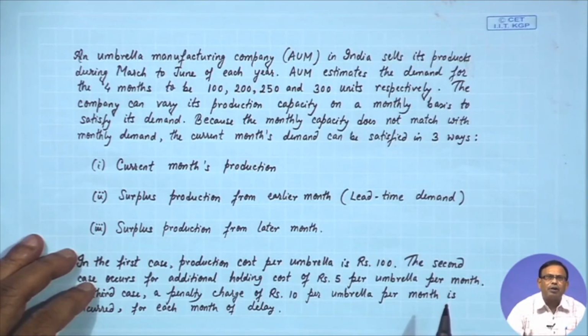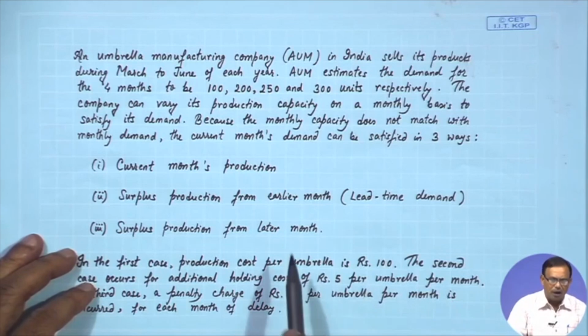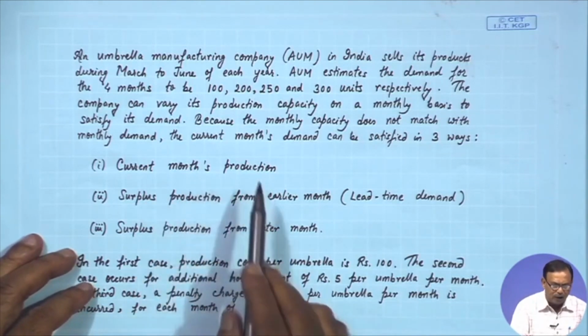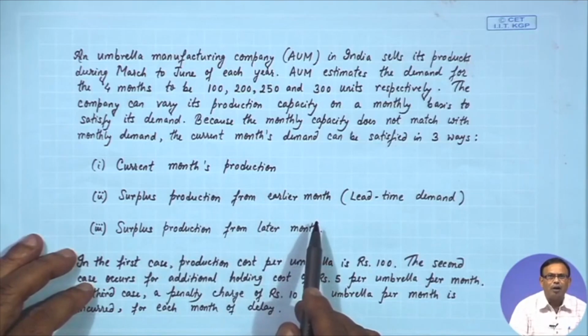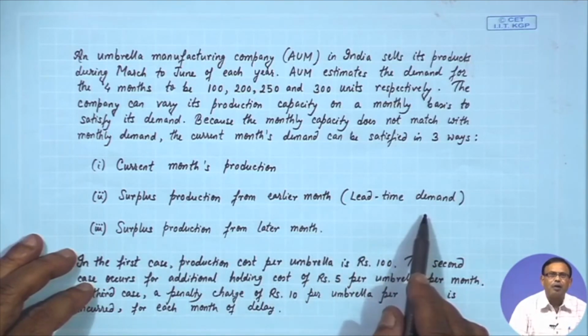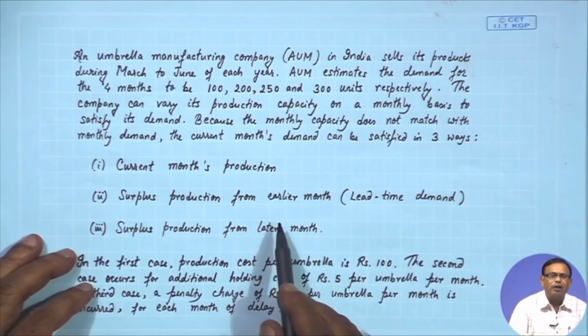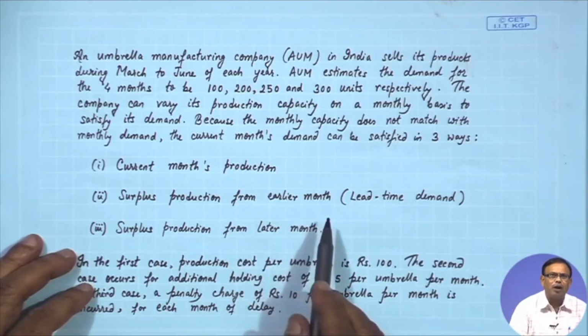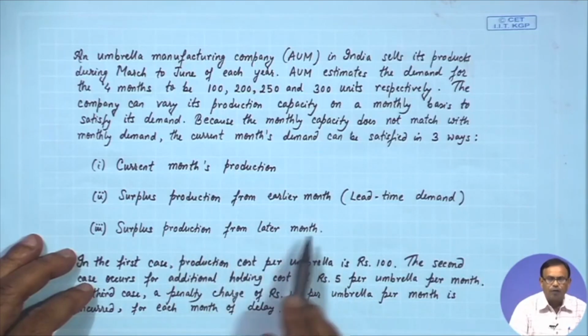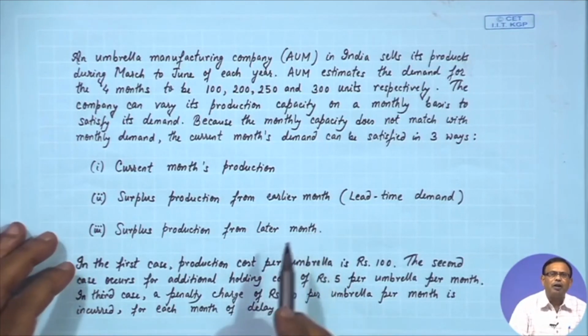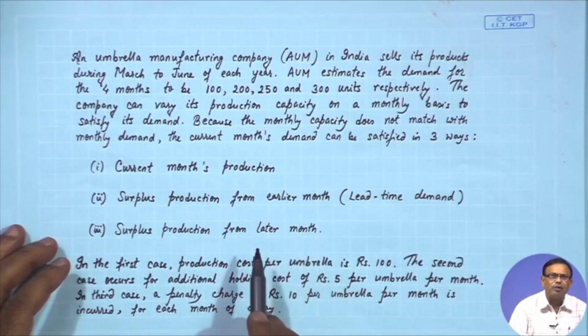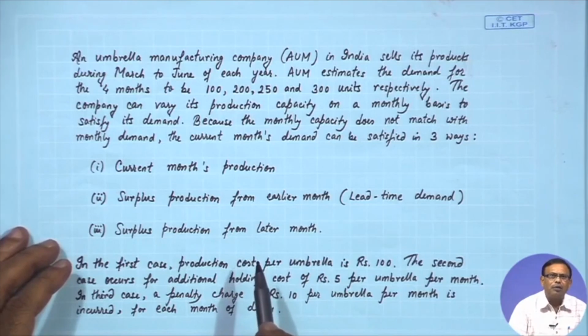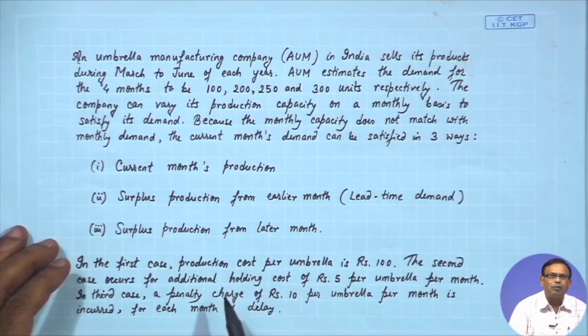Because the monthly capacity does not match the monthly demand, the current month's demand can be satisfied in 3 ways: current month's production, surplus production from an earlier month, that is, I have produced more and the demand was less, or surplus production from a later month, but I have to meet the demand. So, I can meet it from the current month's production, from surplus production of an earlier month, or from surplus production of a later month.